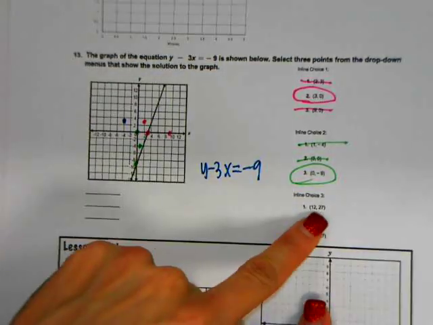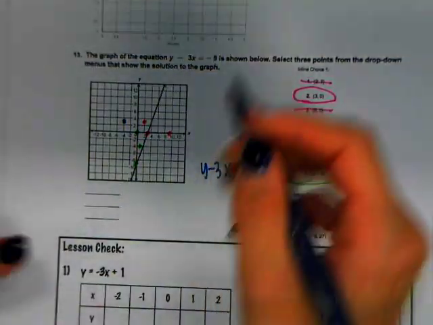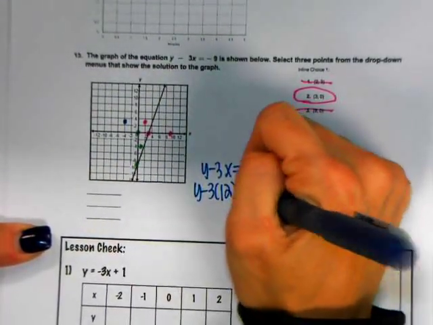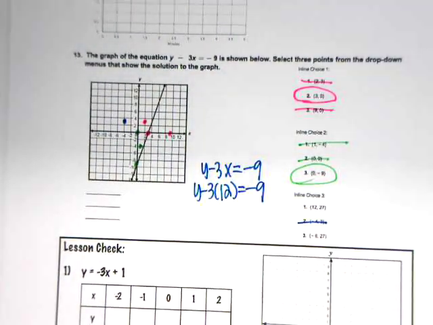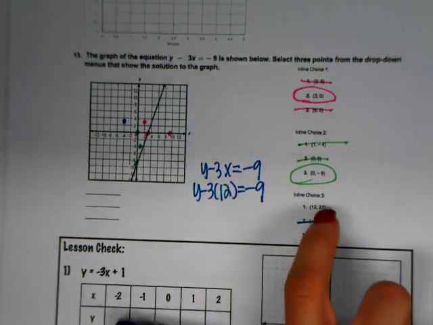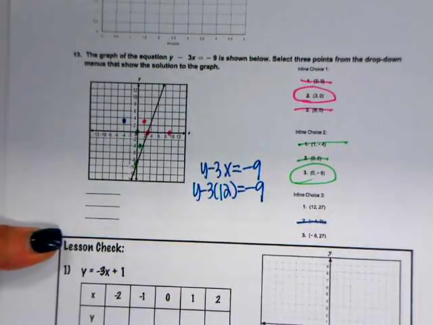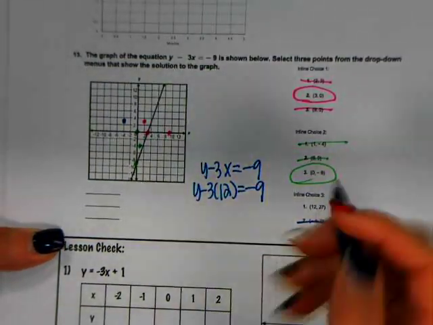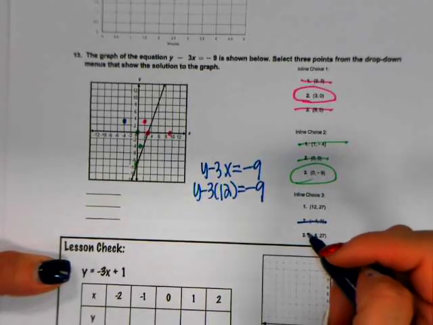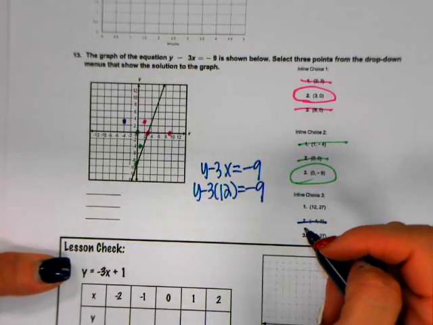So I'll just do the top one, the 12, 27. So I'll plug in 12 for the x. And then let's solve for y and see if we get 27 as our answer. So it's negative 3 times 12. Negative 36.